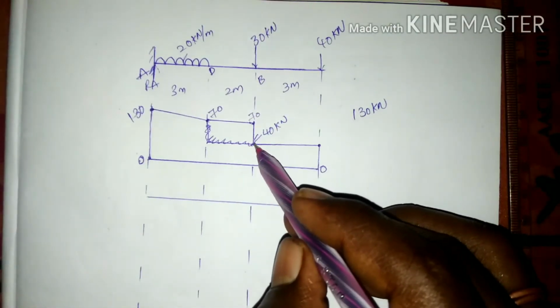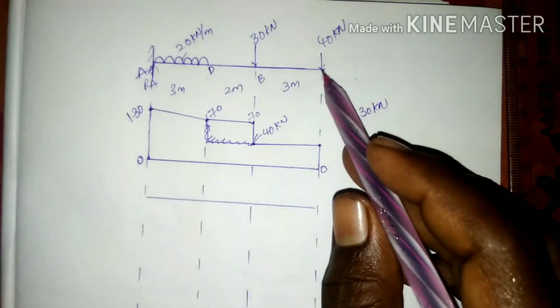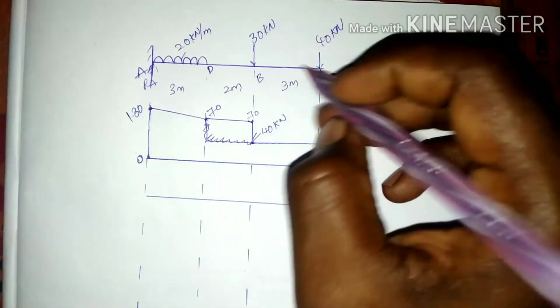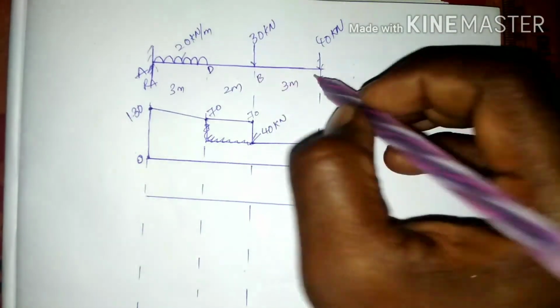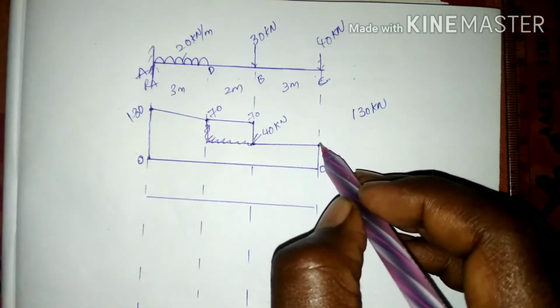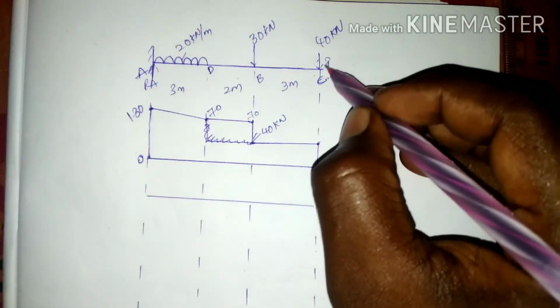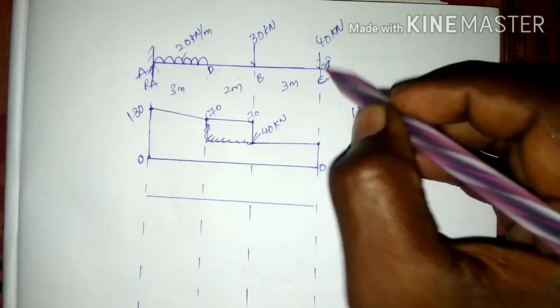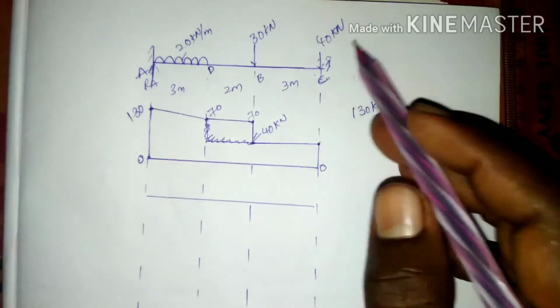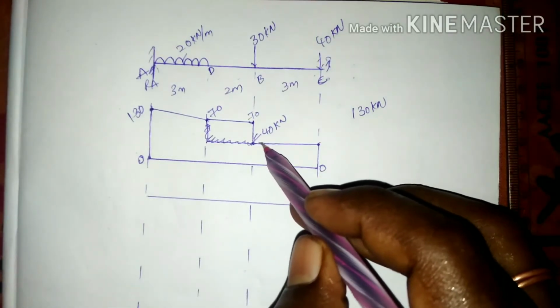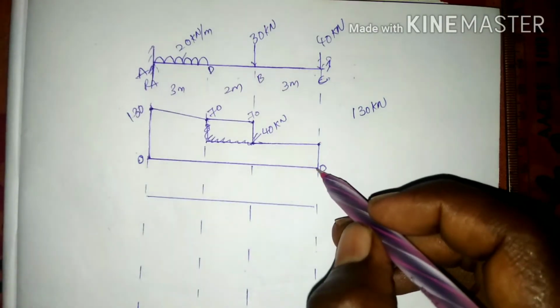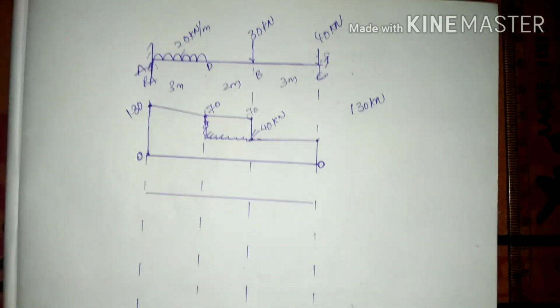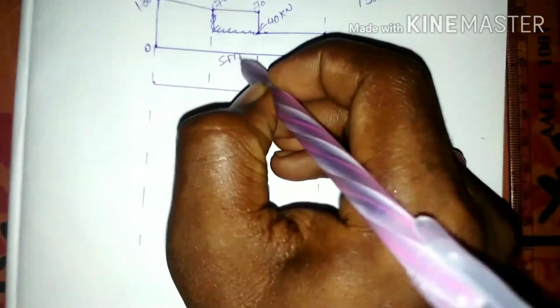Going on to C we don't find any loads between B and C, so it is going to be a straight line. Right after C we have a downward 40, so we are going to remain with the value of 0. Next, for the bending moment, this is the shear force diagram.